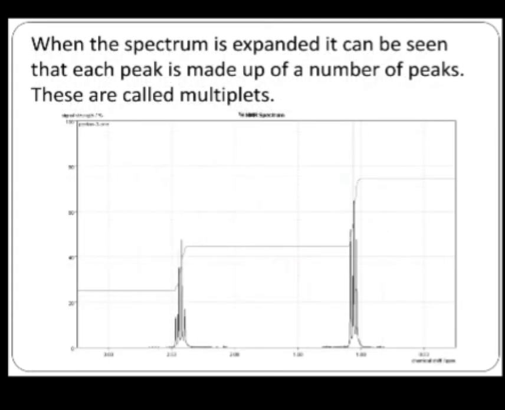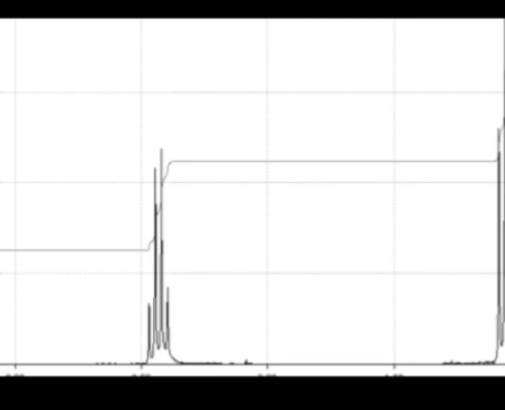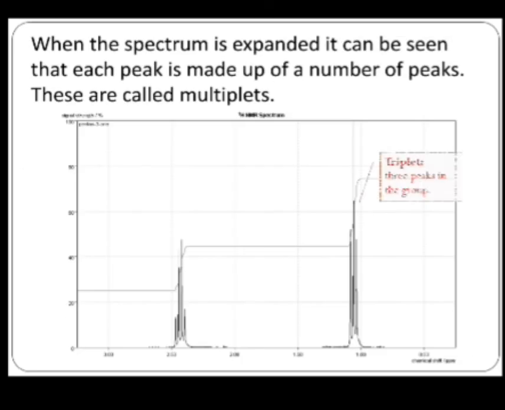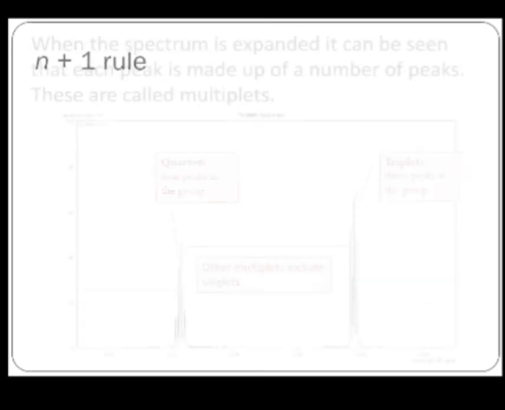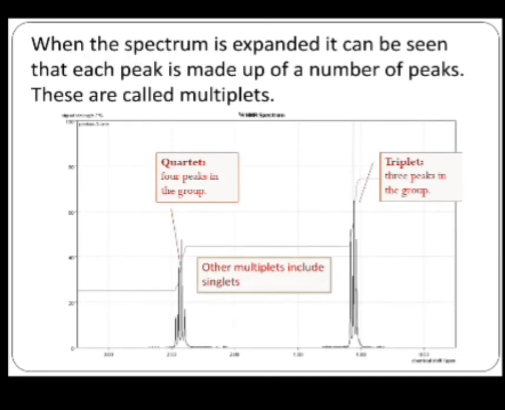So it is a high resolution. When the spectrum is expanded, it can be seen that each peak is made up of a number of peaks. These are called multiplets, and this is the multiplets. This CH2 group couples with the 3 protons of the methyl group and shows a quartet.